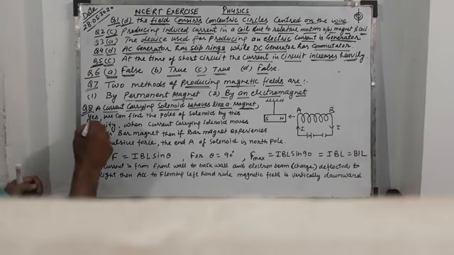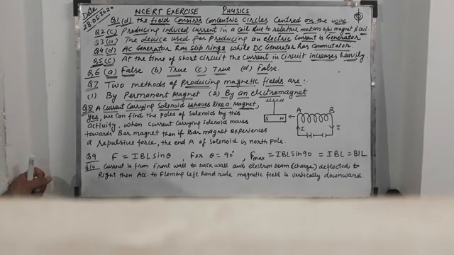Now, the second part of this question is asking how we can find the poles of a solenoid.